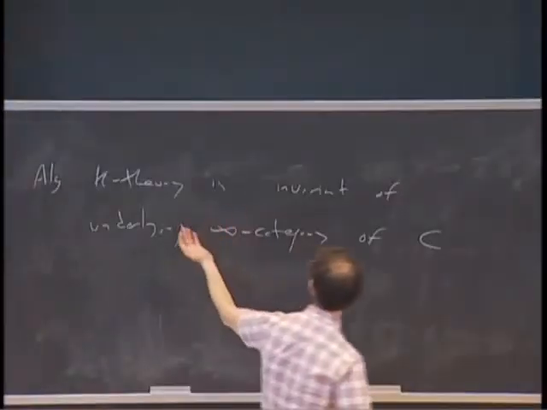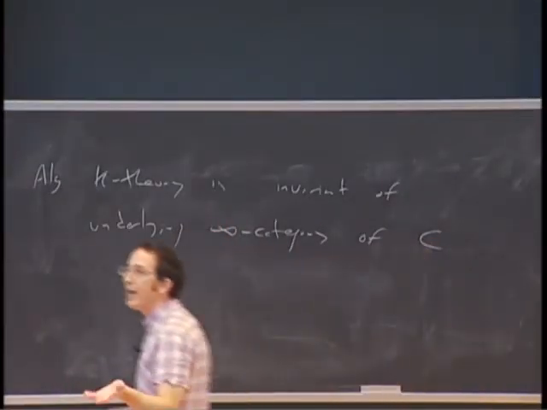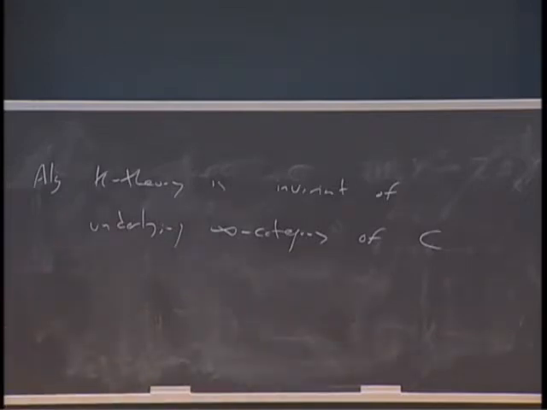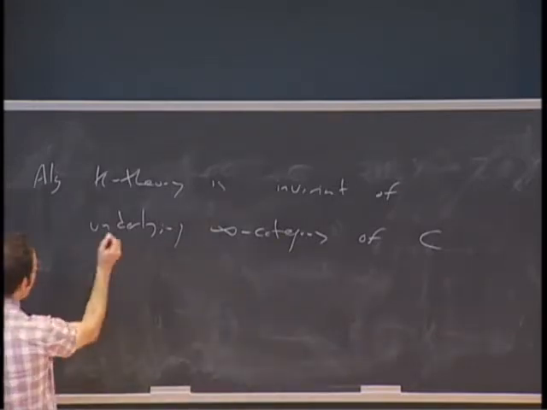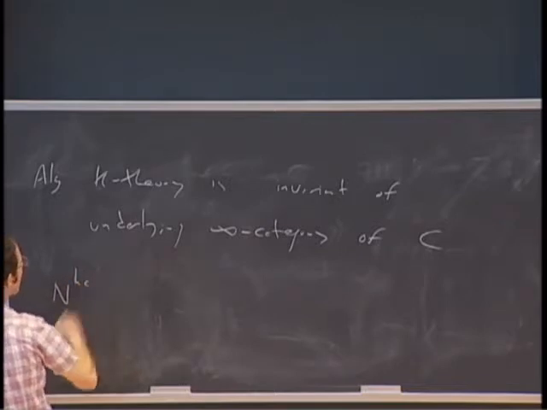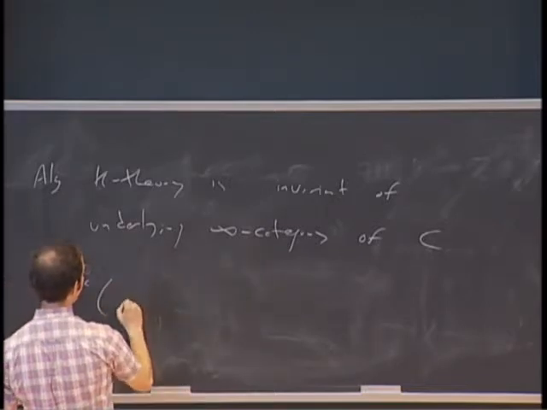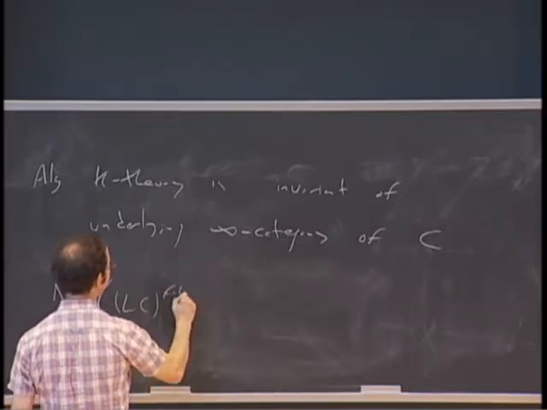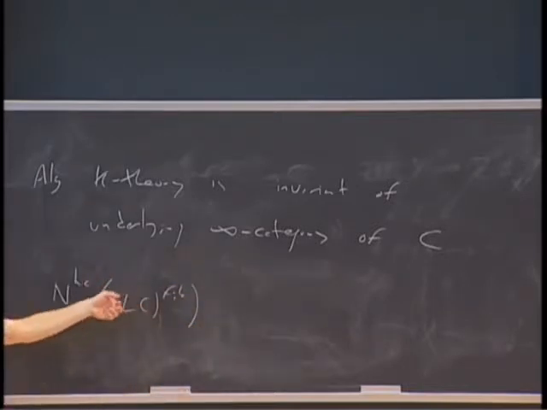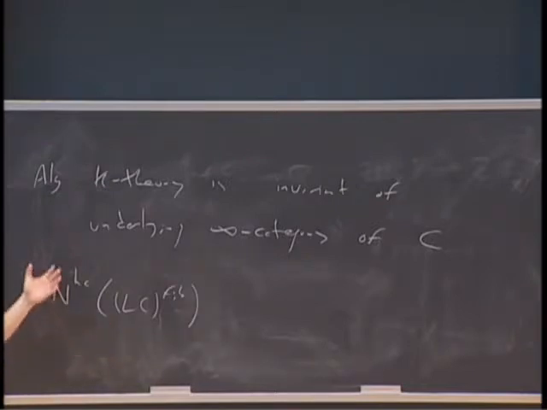And this is an invariant of the underlying infinity category, because how might you get the underlying infinity category? Well, certainly you could produce it by taking the homotopy coherent nerve. If you wanted a quasi-category, you could take the homotopy coherent nerve of a fibrant replacement of the Dwyer-Kahn simplicial localization as a simplicial category. And what we've just shown is effectively that this is the thing that controls the algebraic K-theory.